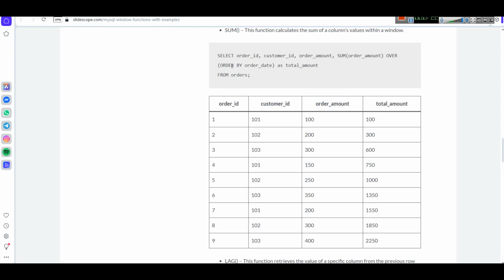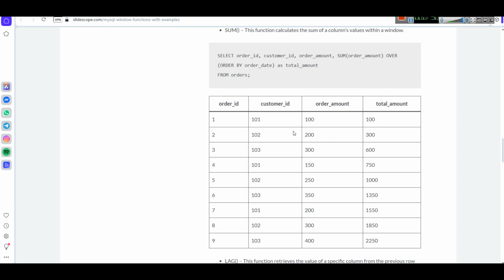Here we have not grouped or partitioned by any customer ID, so it is just like a column. What we are considering is order ID and order amount. For order ID 1, order amount is 100. For order ID 2, order amount is 200. Here the total amount is 100, but here the total amount is 300.